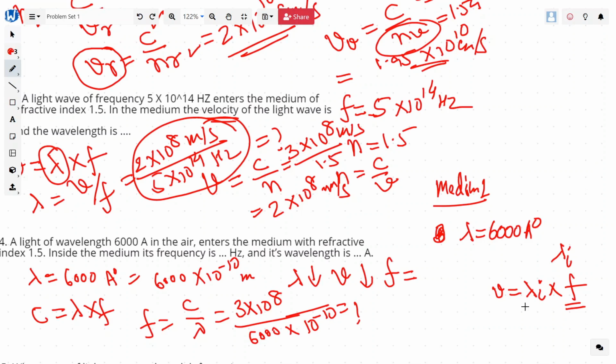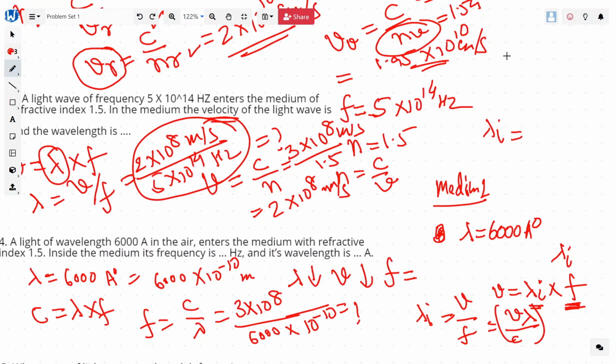Now we know the frequency is not going to change, so we can simplify: lambda prime is equal to v by f, and we already have a frequency here, which is equal to c by lambda, and then we go to the top. And now we have this lambda prime.